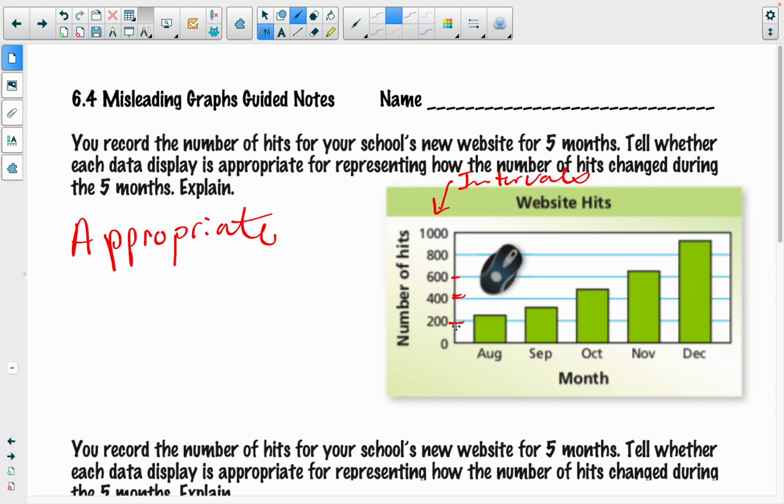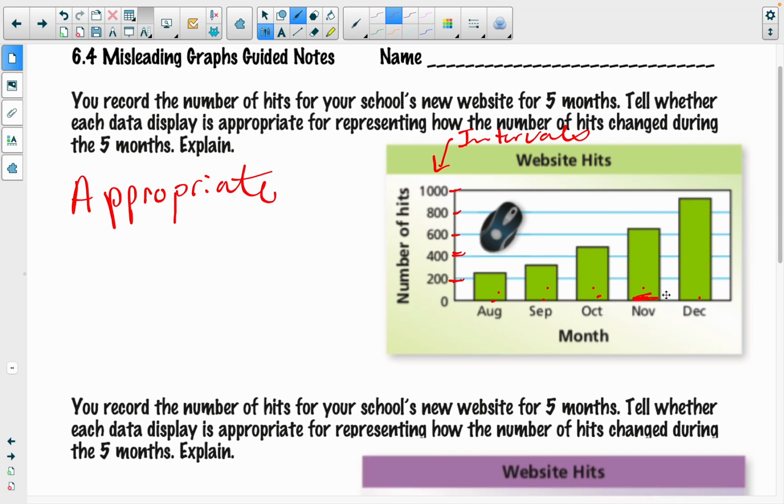Can you see that? 200, 400, 600, 800, 1,000. We can see that each month is represented, and we can see that the bars are all the same size in terms of their width. So from here to here is all the same. So this is appropriate, because we have a bar for each month and all the widths are the same.